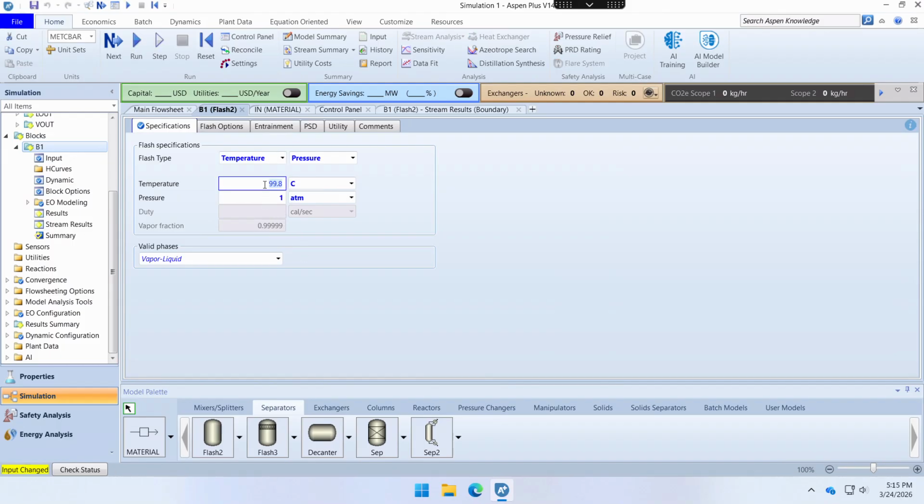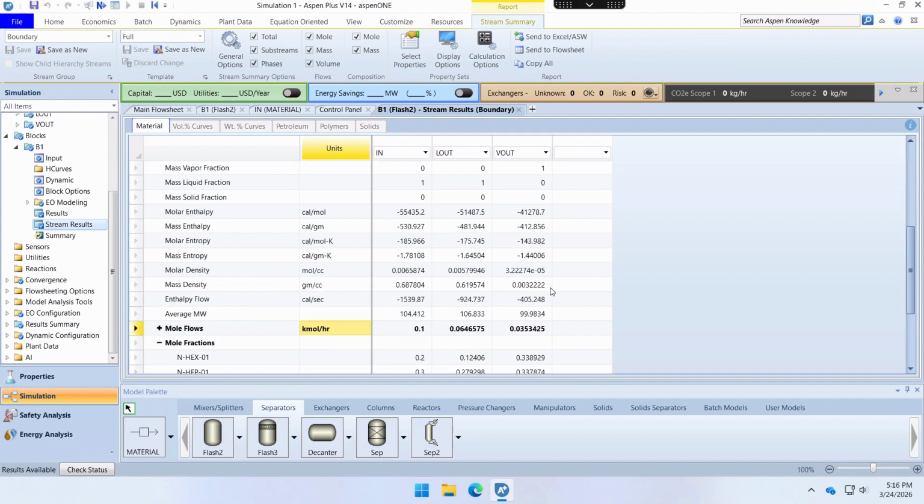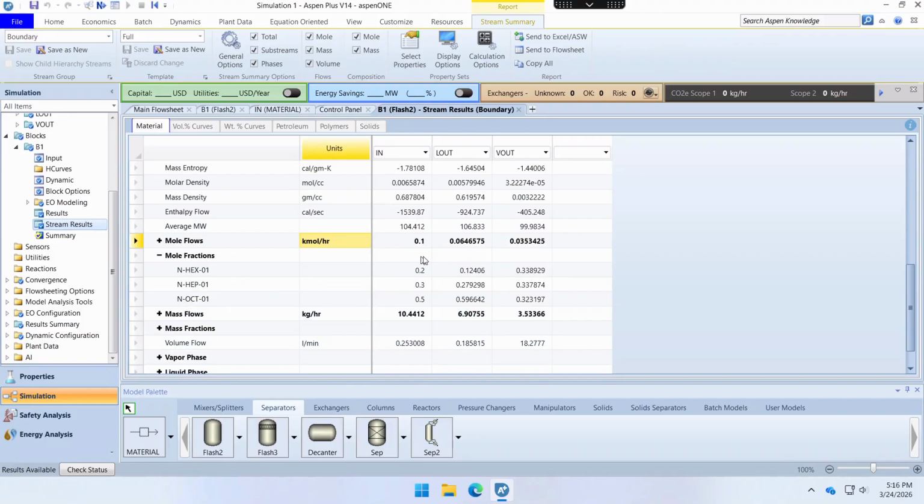Let's go back to temperature pressure mode. I can specify 105, go to my stream results, and you can see 105 gives me about a 65-35 split in terms of liquid and vapor, and then I have the concentrations, right? So that would be the answer to part C.